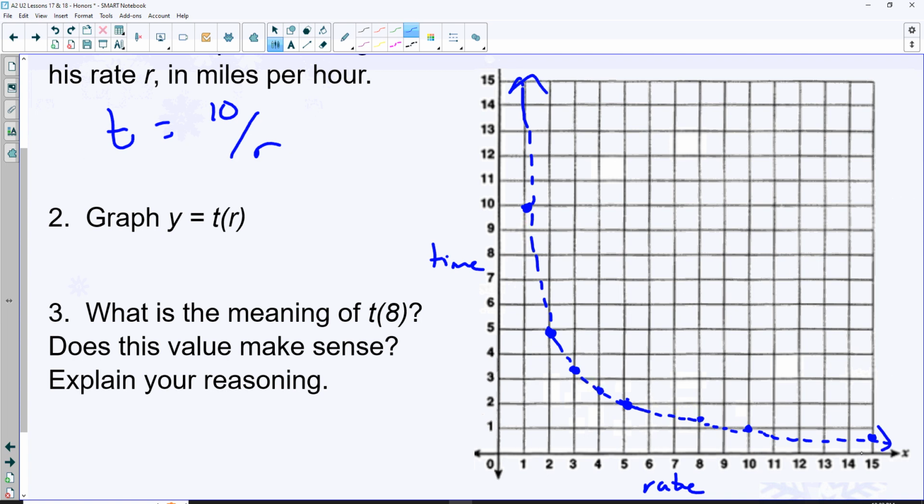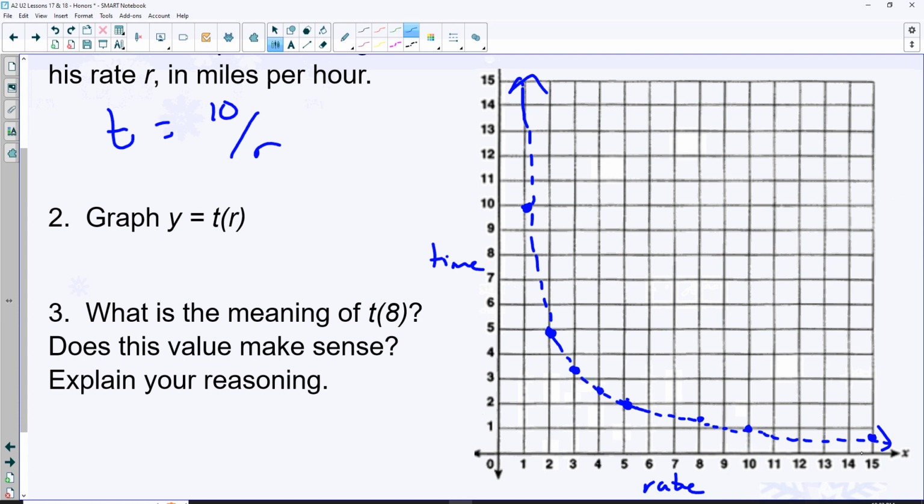So here's a few interesting things. Now, one thing to really consider here is, notice his time is getting less and less and less. But will his time ever actually reach zero? No. He's going to go faster. It will take him less and less time to reach the 10 miles. But even at the speed of light, it takes actual time to travel distance, right?